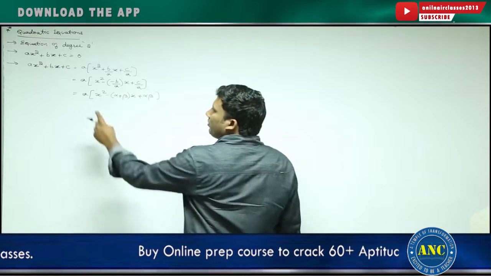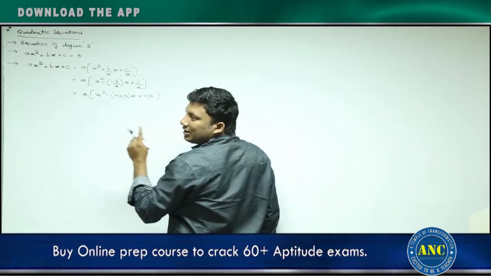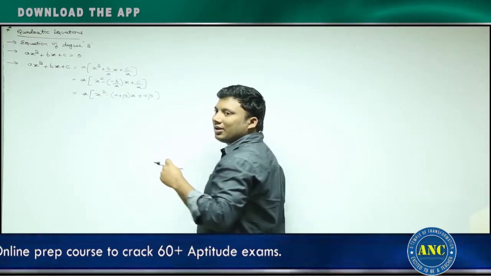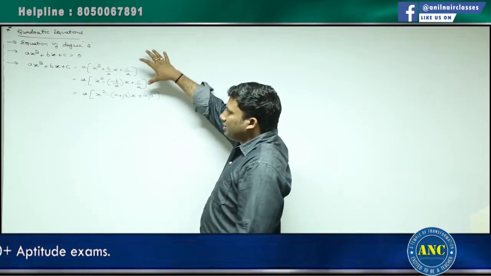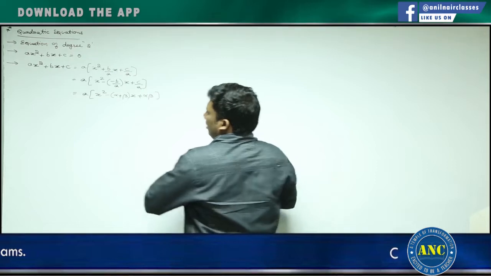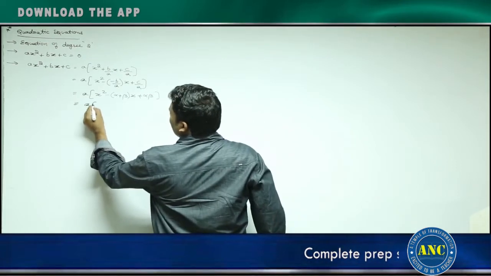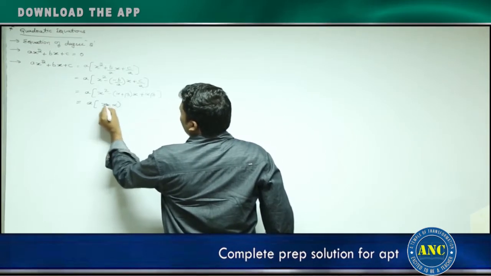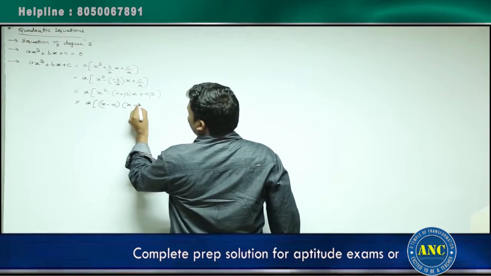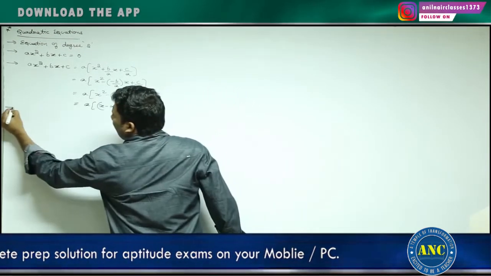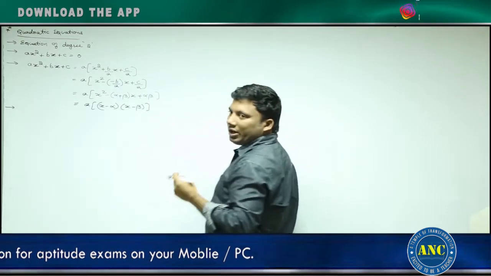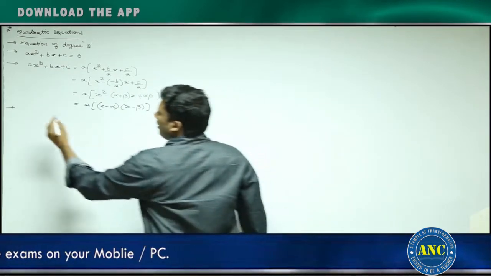Now, if the degree of the equation is 2, you can write it as a into x minus alpha, x minus beta. Ax square plus bx plus c can be written as a into x minus alpha into x minus beta.